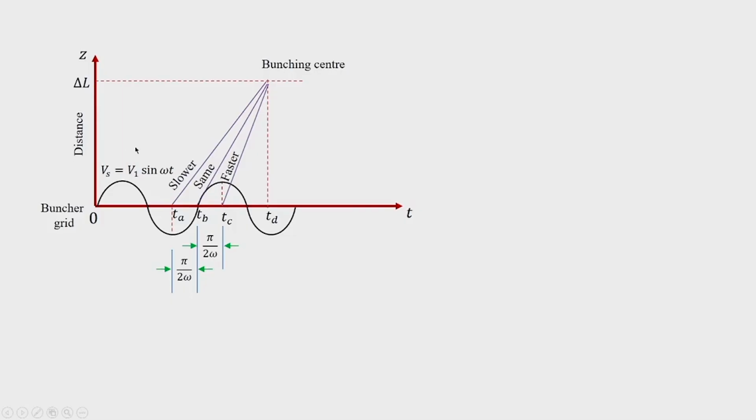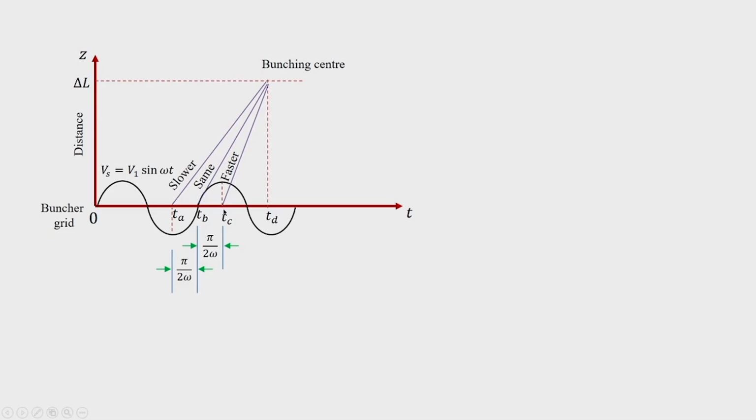So, here we find that at time t a, the electron entered, it experienced a retarding voltage and it slowed down. At this instant, the buncher cavity grids did not apply any field. So, the electrons move with the same velocity V naught.